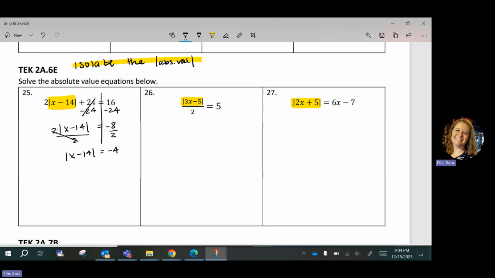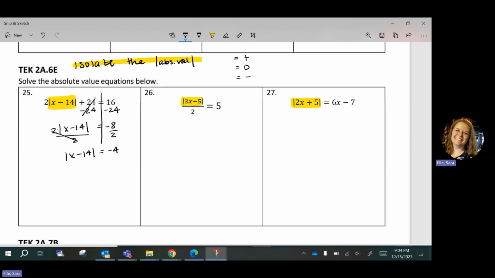the absolute value expression. Now you need to remember, once you have that isolated, there's 3 possibilities. Your absolute value equals a positive, it equals 0, or it equals a negative.